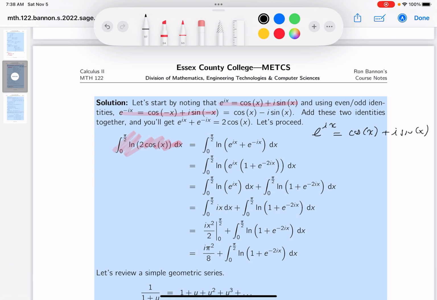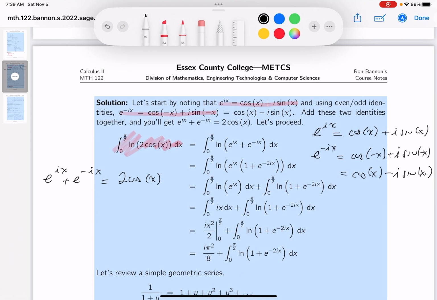And e to the minus ix is cosine of minus x plus i sine of minus x, and this simplifies by even-odd identities to cosine of x minus i sine of x. Now I add those two together. If you do e to the ix plus e to the minus ix, you just get 2 cosine x.